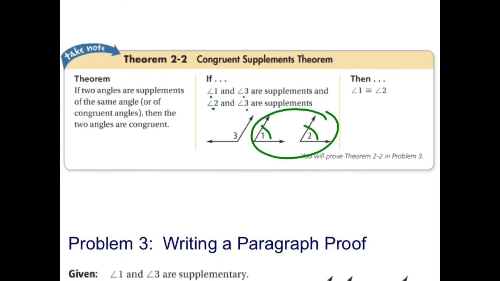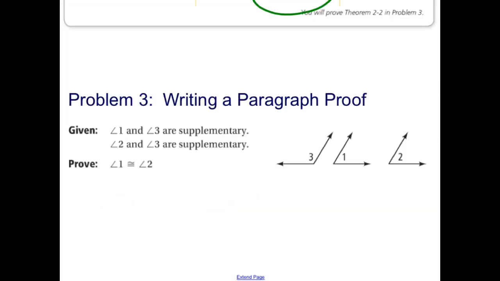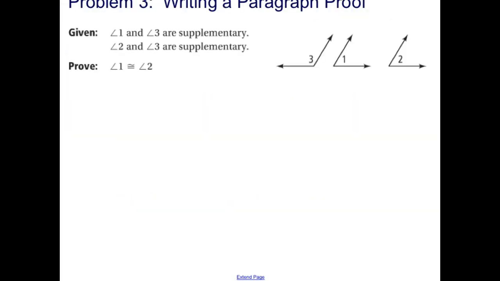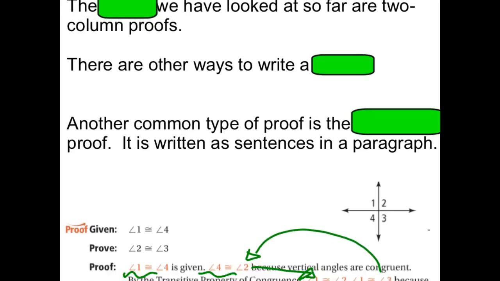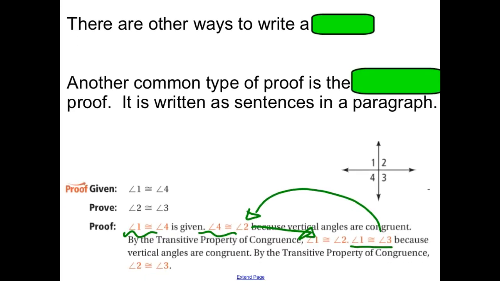Okay, and we could have proved the vertical angle theorem using this idea as well. So what we're going to do right now is prove this theorem. It says angles 1 and 3 are supplementary, angles 2 and 3 are supplementary, prove that angle 1 is congruent to 2. We're going to write it as a paragraph proof. If we look back at our last paragraph proof, when they started their given, they just said whatever was in the given and said is given.